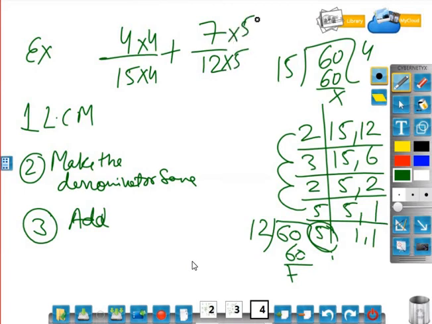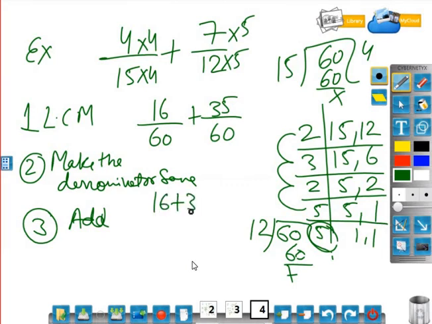So what will happen? 16 upon 60 plus 35 upon 60. Now they are like. So if you add them, 16 plus 35 upon 60, or 51 upon 60. So this will be your answer.